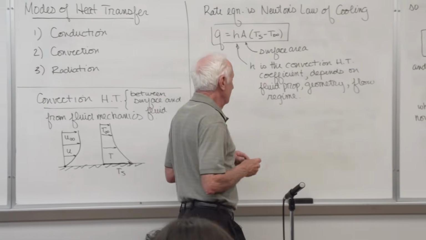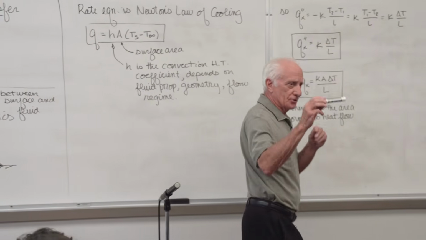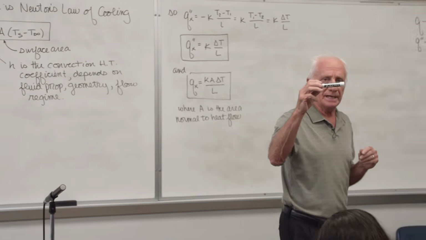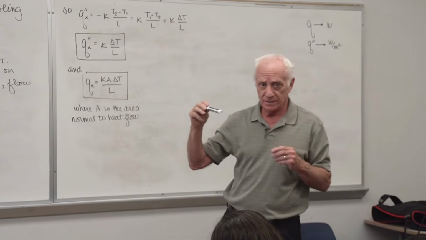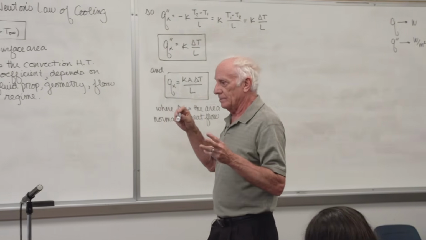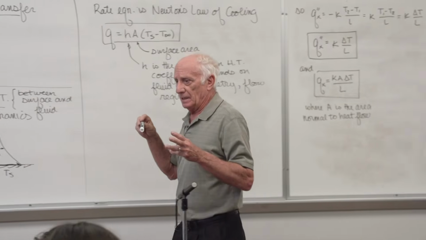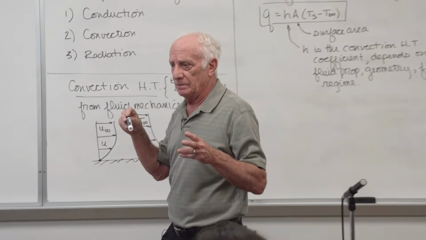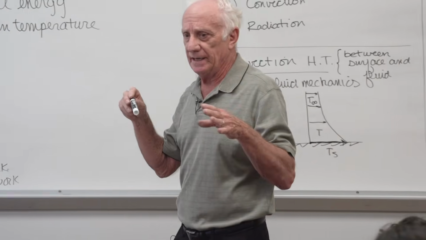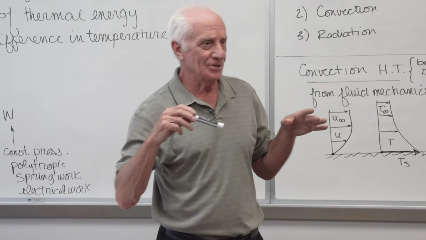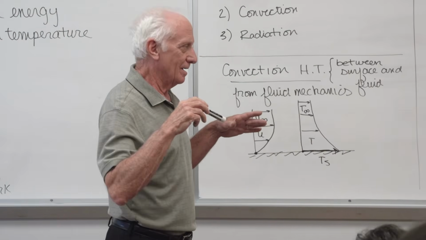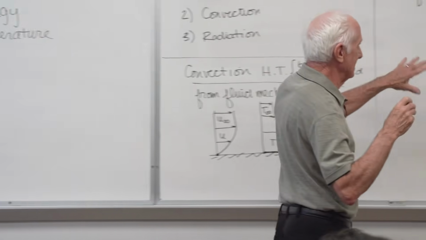Second question, what's the geometry? Is it a circular tube? Is it a flat plate? Is it a sphere? Third question, is it laminar flow, turbulent flow, mixed flow, cavitation? What's the flow regime? What's going on there? All those things are tied into h.